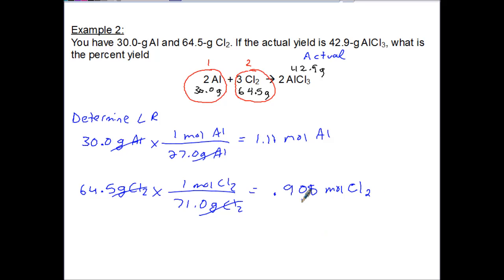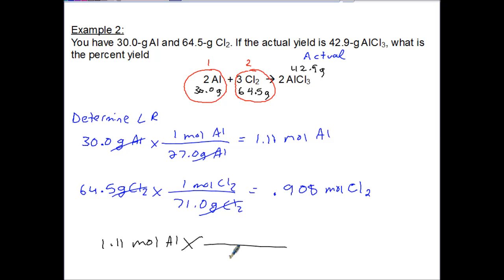All right, so now we need to do our comparison here. We'll need to convert the moles of aluminum, the answer from step 1, into moles of chlorine, to see how much chlorine is needed to react fully with 1.11 moles of aluminum. So let's put 1.11 moles of aluminum and use the mole ratio.